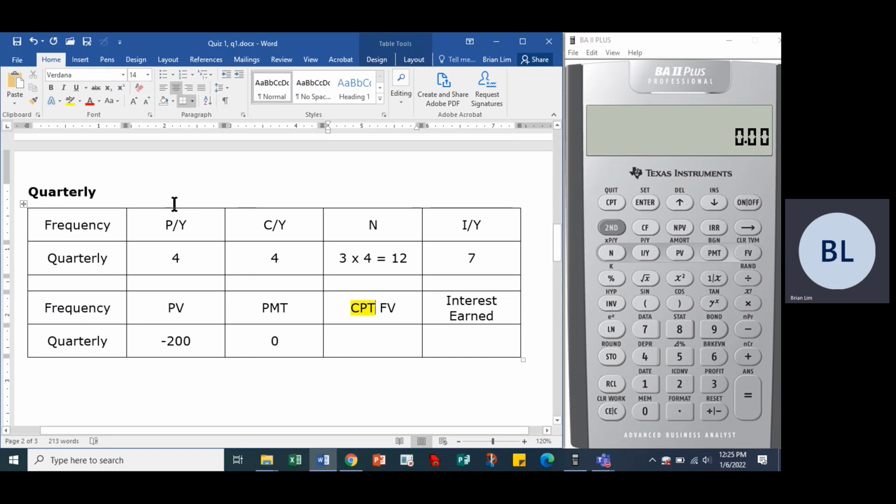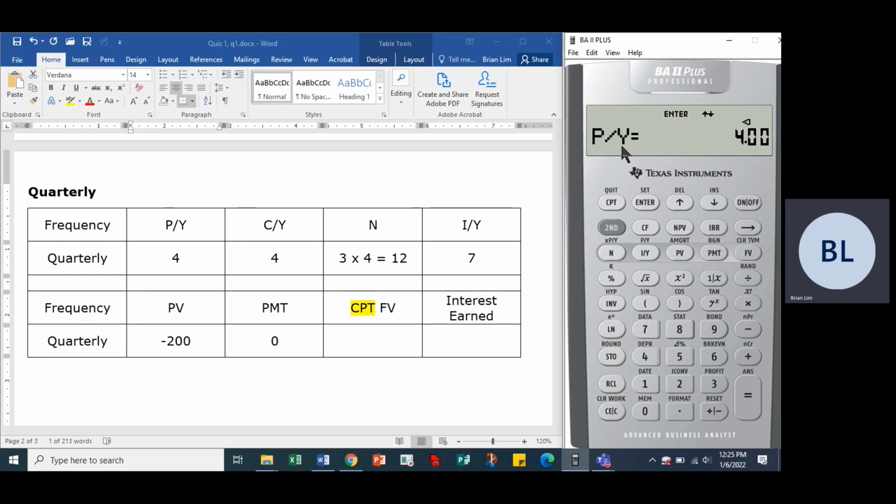Okay, so let's start inputting. Now we know PY and CY, we have to activate the second function to get the PY that's just above the IY. So we go second IY, and that activates PY. So now we want this number of 4. So we press 4, where you see there's no equal sign. When we hit enter, equal. So that means that the value of 4 has been entered for PY.